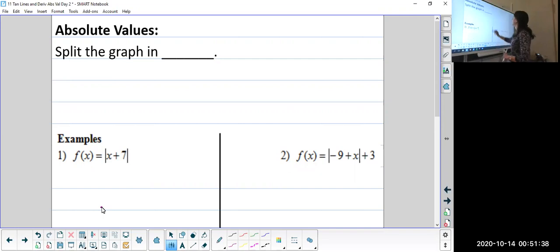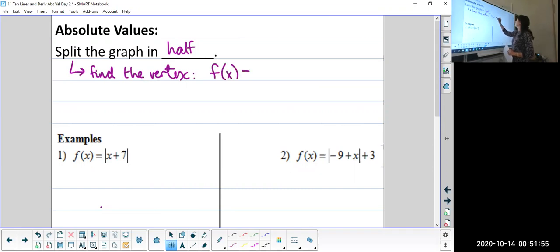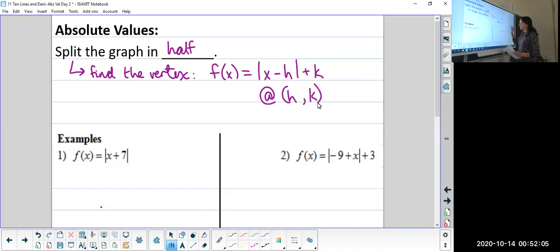Split the graph in half. For absolute value functions, split the graph in half. You're going to first find the vertex, which is always located right here in the function at h comma k.